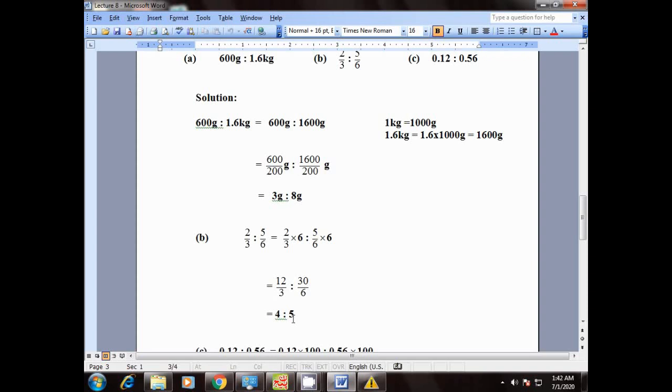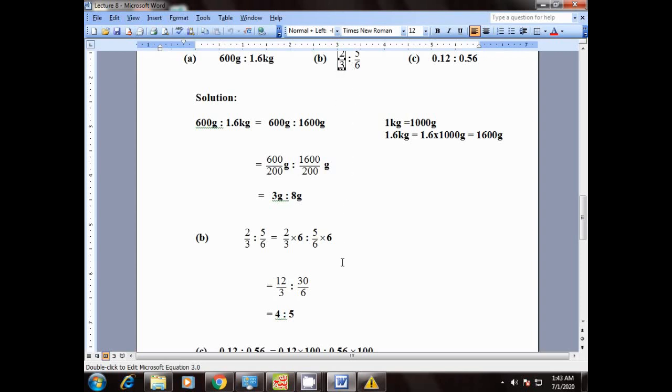Now 4 ratio 5 is the simplest form of 2 divided by 3 ratio 5 divided by 6. Both are equivalent ratios, because 4 ratio 5 is the simplest form of 2 divided by 3 ratio 5 divided by 6.